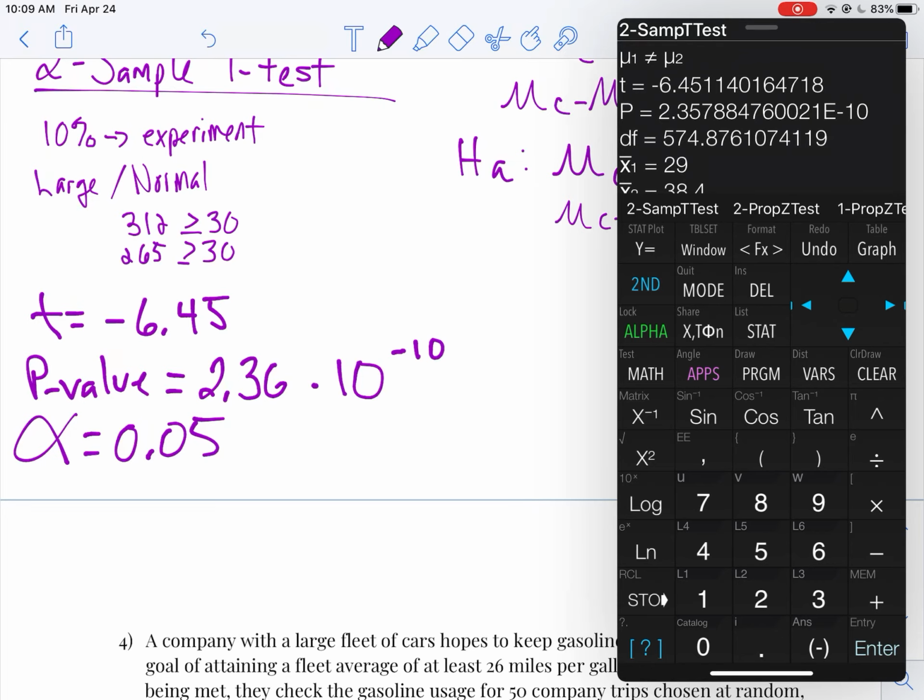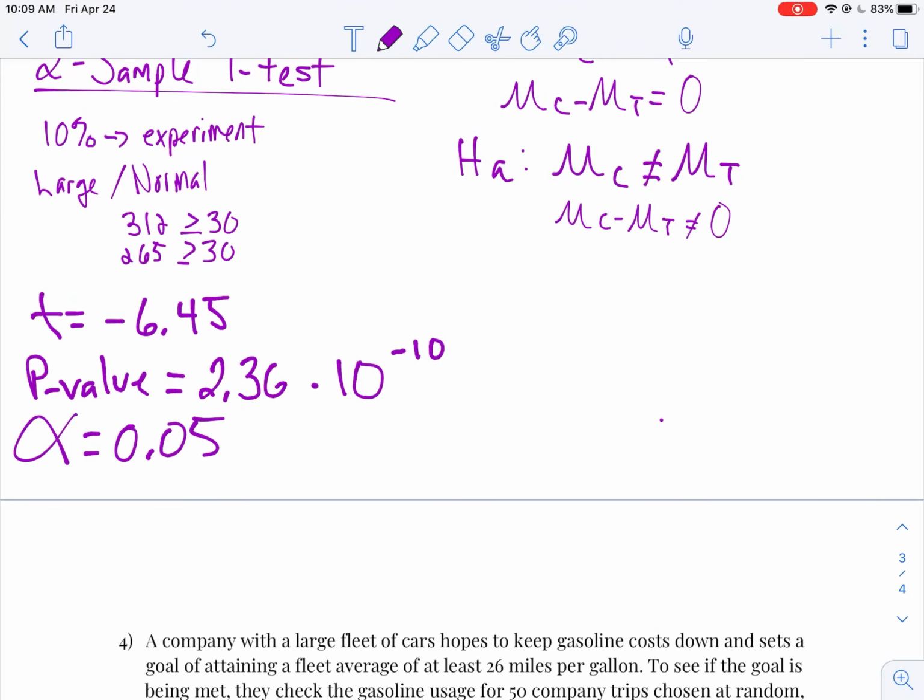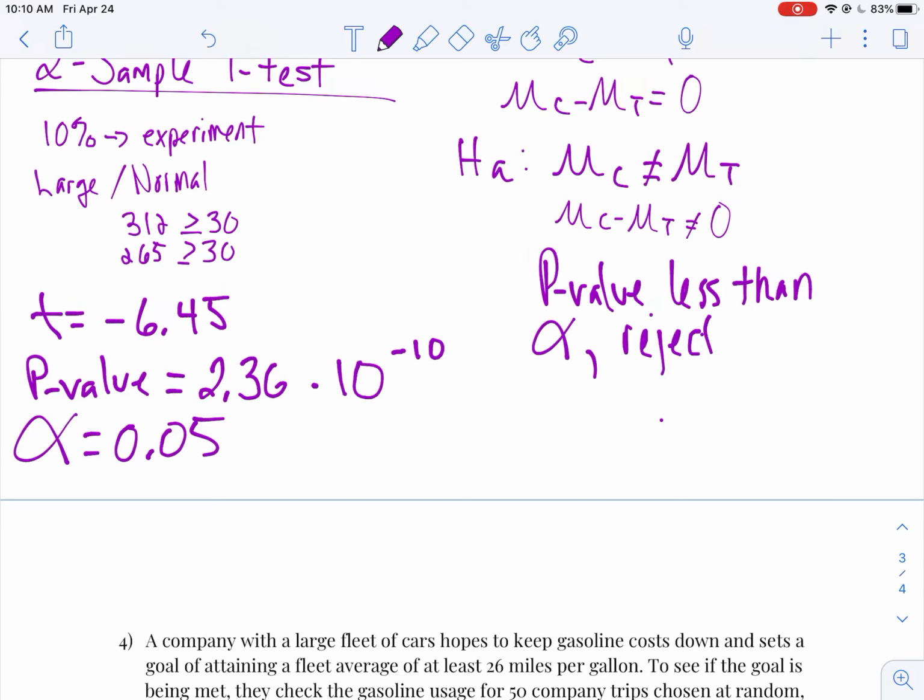All right, so got this out of the way. We get the calculator out so I can write this. Good. So I got really low p-value. Since, whoops, I'm going to just abbreviate this. P-value less than significance level, we reject the null. What does that tell us?